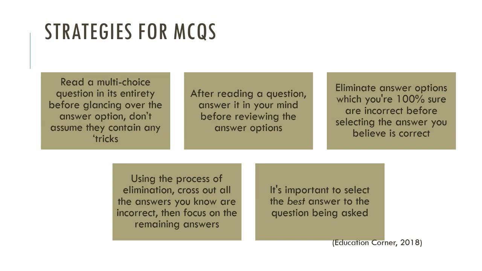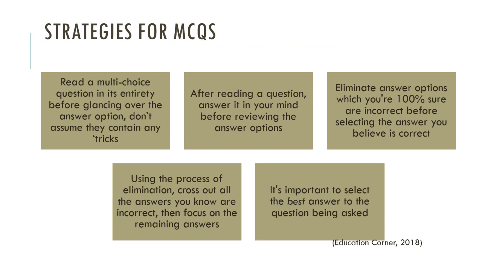Next, when you're looking at your answer options, if you cannot answer it, okay, you go back, you read all your options, and then we will start on what we call eliminating the answer options which you are 100% sure are incorrect, before selecting the answer you believe is correct.